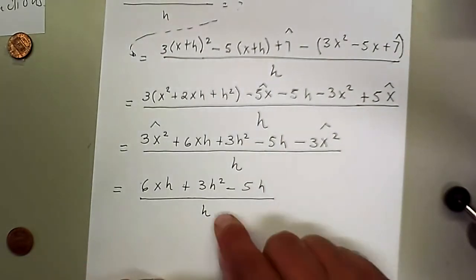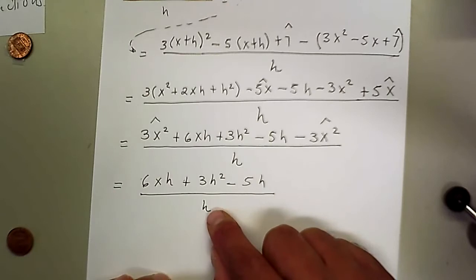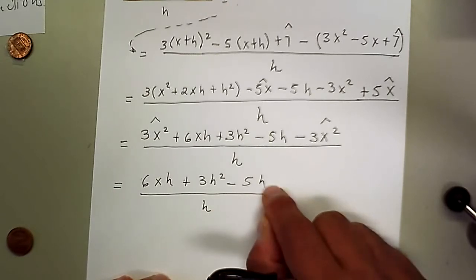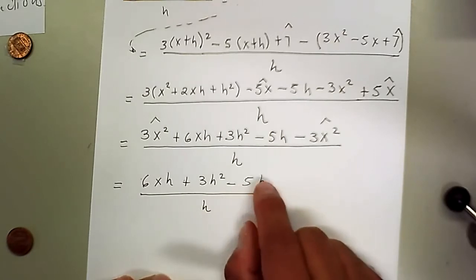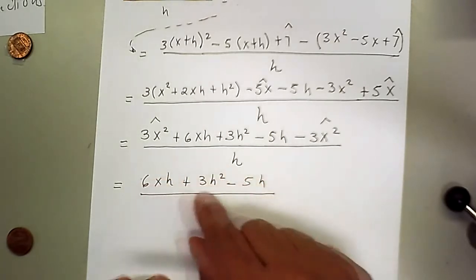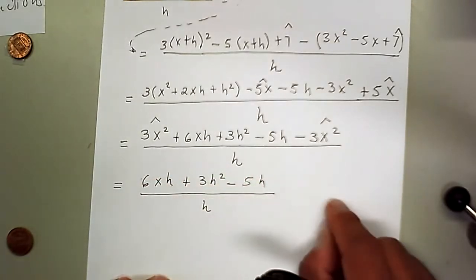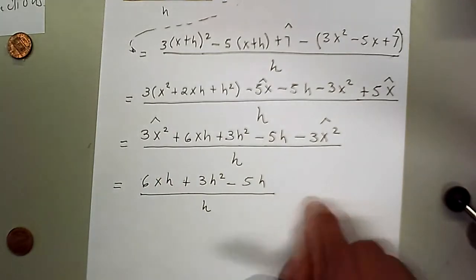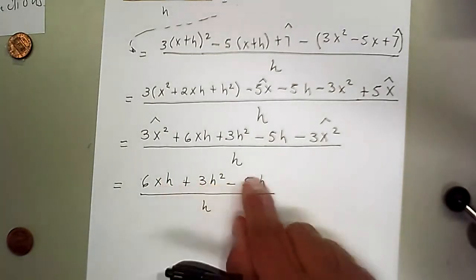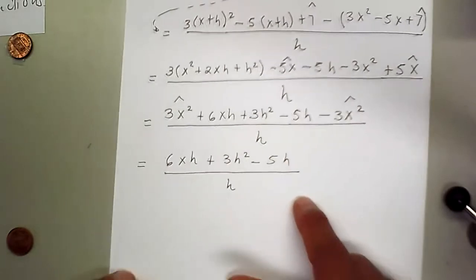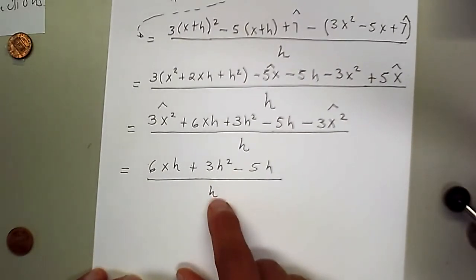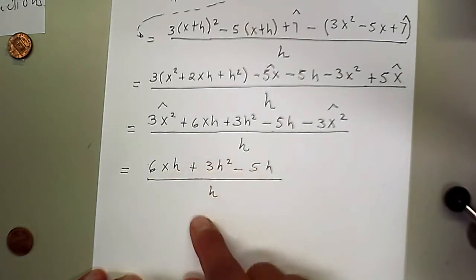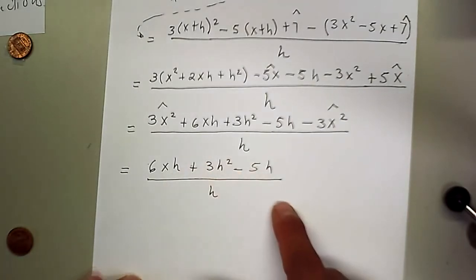Now, it would be wrong to simplify this h with that h, and that's it. No, because this is not a factor of the entire numerator. We have to have a factor. So that cannot simplify just with one of the h's. And that creates another problem. What if I want to simplify with this h? Then the answer is different, and we cannot have different answers.